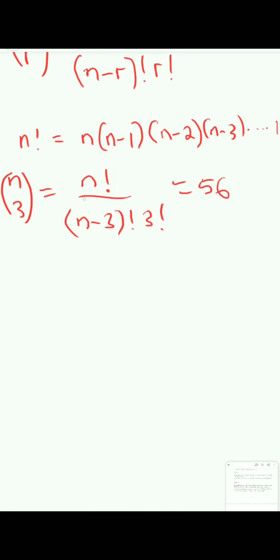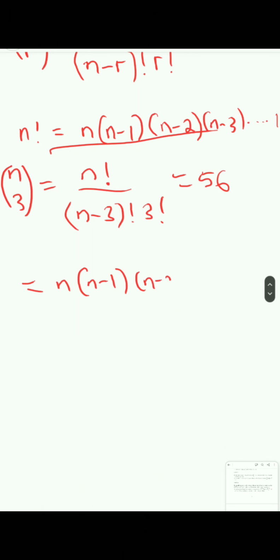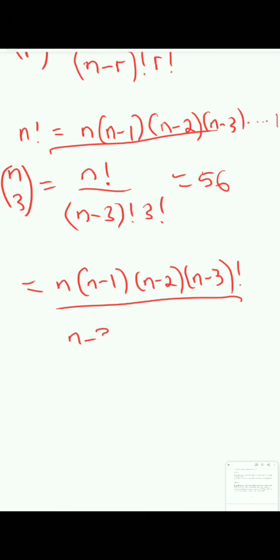While there's n factorial on top, we can substitute with the formula we just generated, which is n times n minus 1 times n minus 2 times n minus 3 factorial. If you don't want to go up to 1, you put a factorial there to mean that you were still expanding. Then we divide by n minus 3 factorial. 3 factorial is the same as 3 times 2 times 1, which is equal to 6. This is equal to 56.